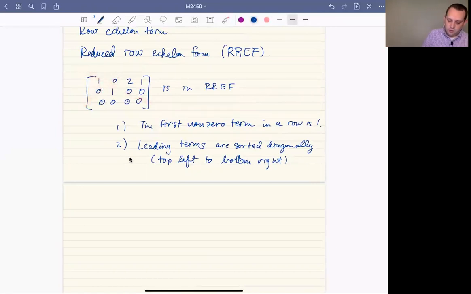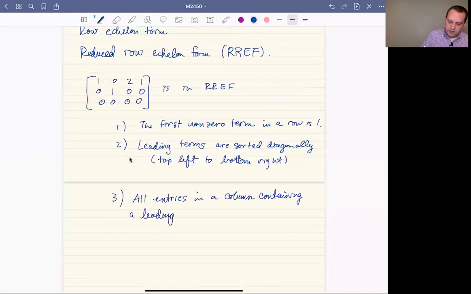And then the third characteristic that makes this reduced row echelon form is that all entries in a column containing a leading 1 are 0, apart from the leading 1.